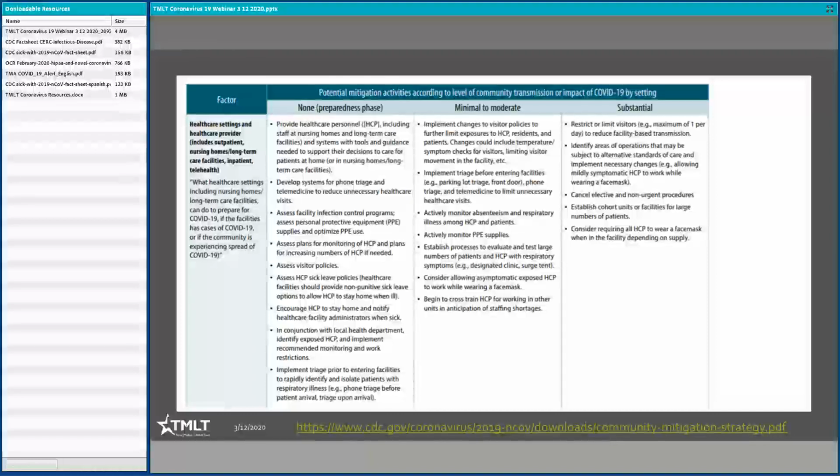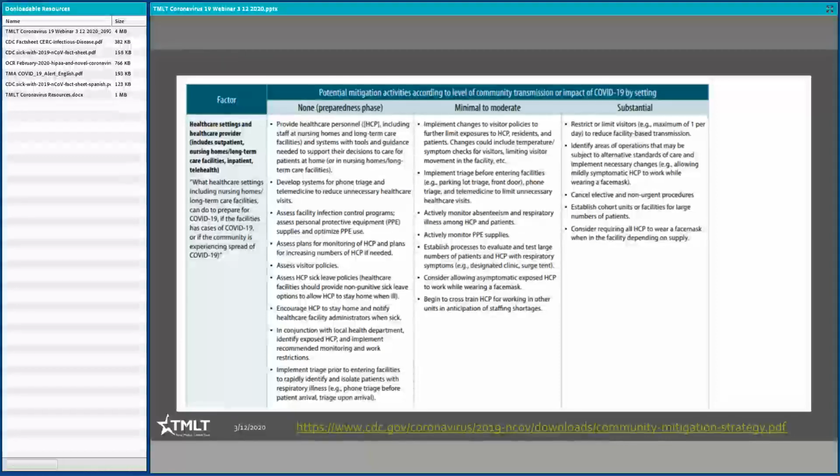A very good document that I would encourage you all to go to the CDC website to download is the Community Mitigation Strategy document. I did not include this document because literally it changed overnight, and so I want you to be able to get the latest information.